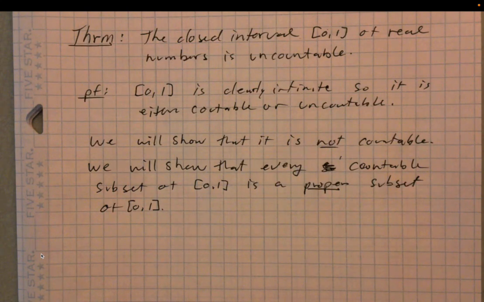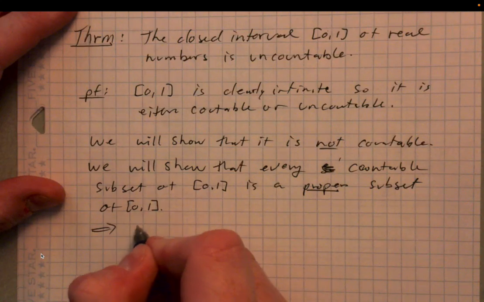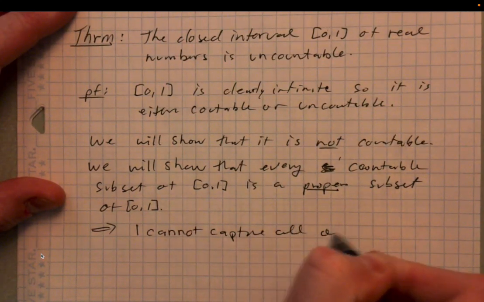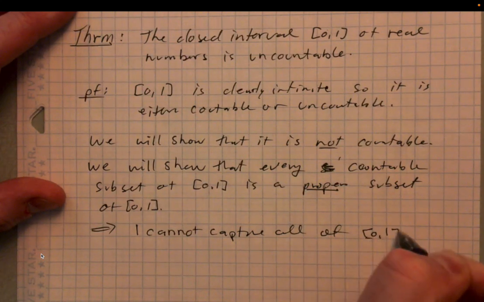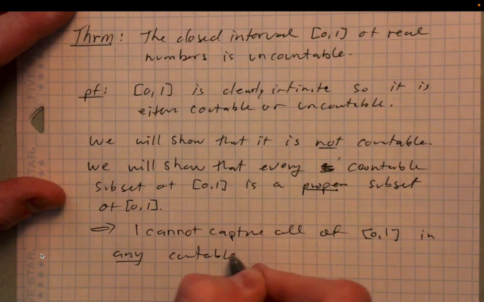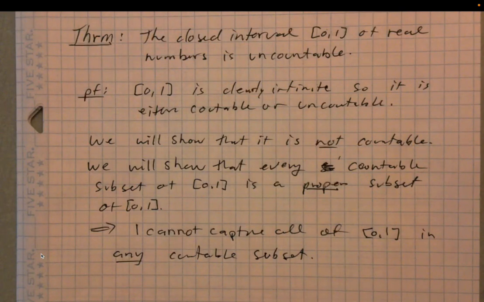If I can show you that every countable subset of a set is a proper subset, then what I've shown is that I can't get everything in any countable subset. So therefore, I cannot capture all of [0, 1] in any countable subset, right? So that's the idea.